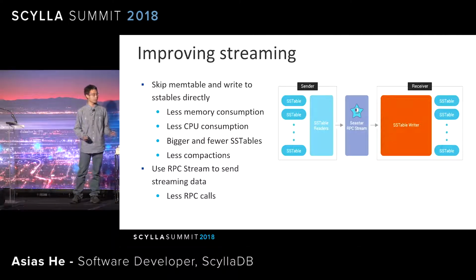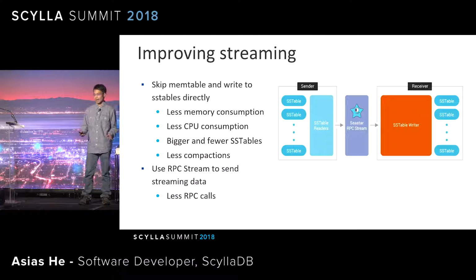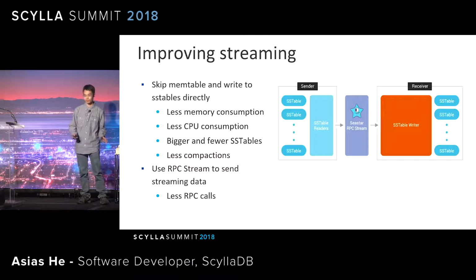We will also have bigger and fewer SSTables because the whole streaming session uses a single SSTable, not like before, where the memtable would flush the data to disk from time to time and generate a lot of smaller SSTables.